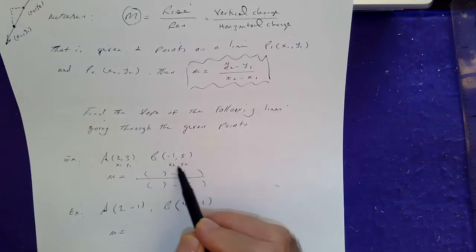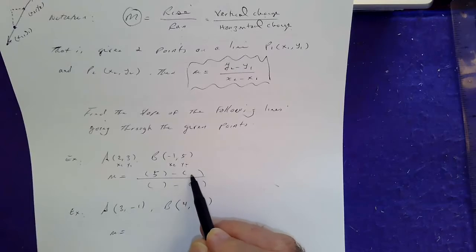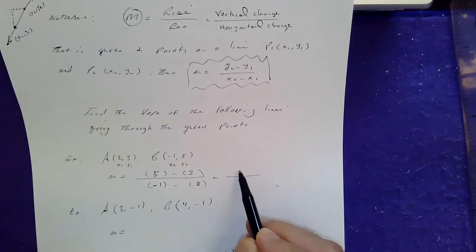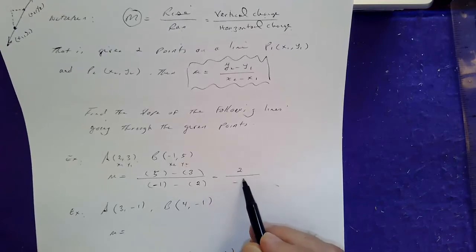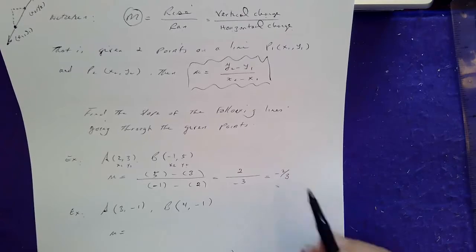So I decided this is x2, y2, that's x1, y1. So I'm going to go 5 minus 3 over negative 1 minus 2. I'm going to work this out. That's 2 minus 3, which is negative 2/3.